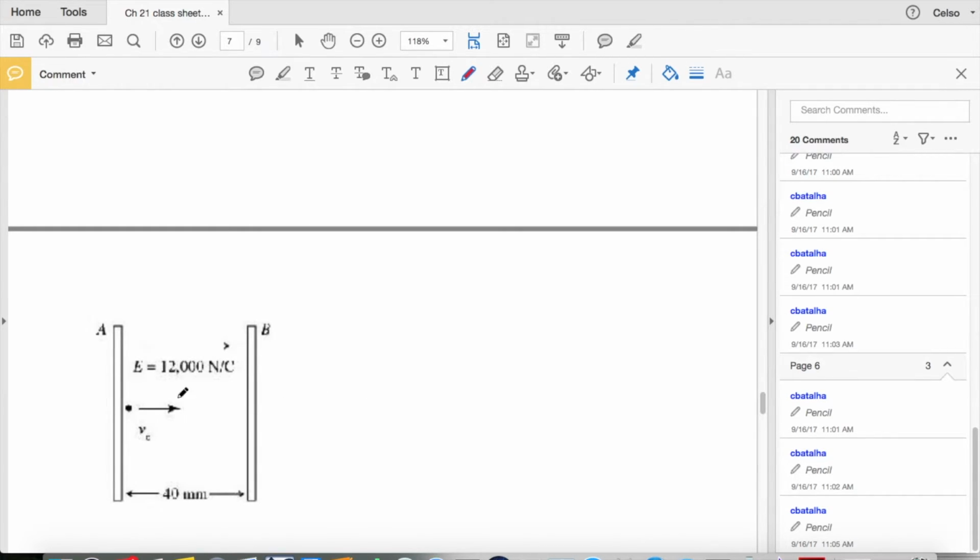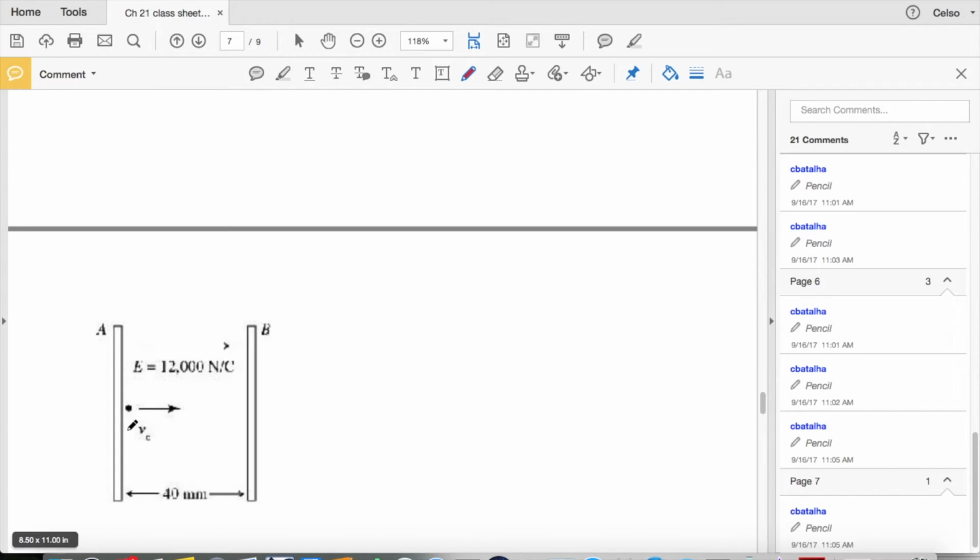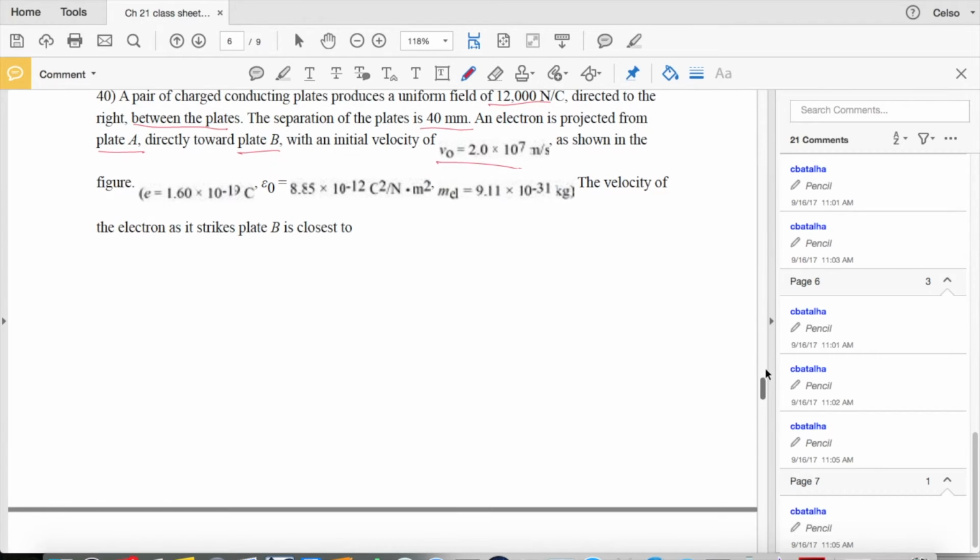Now, you have your electron right there with an initial velocity v1, and the electron is supposed to go all the way and strike plate B. Now, let's remember our concept of electric field. I mean, we haven't studied voltage yet and energy associated with this, which would be simple to solve.